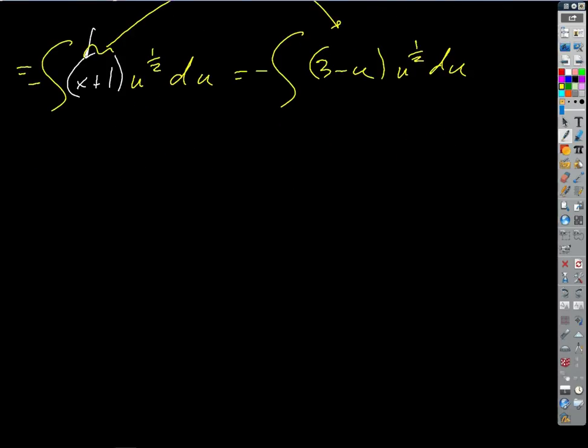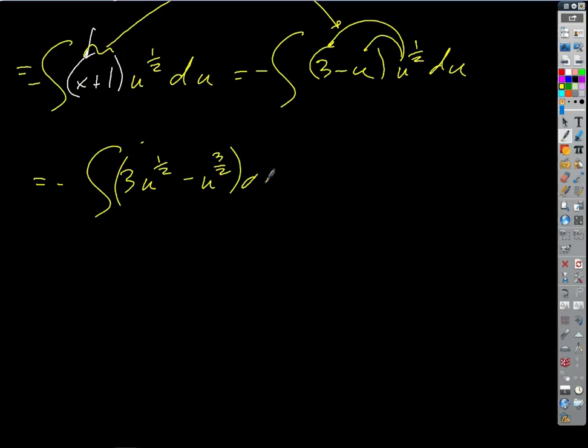So what's that become if I distribute? Negative the integral of, good, so 3 times u to the 1/2 minus, what's u to the 1 times u to the 1/2? u to the 3/2. Right? And so now I can just integrate term by term there, right? That just gives me, got my negative out front. What's the antiderivative of 3u to the 1/2?